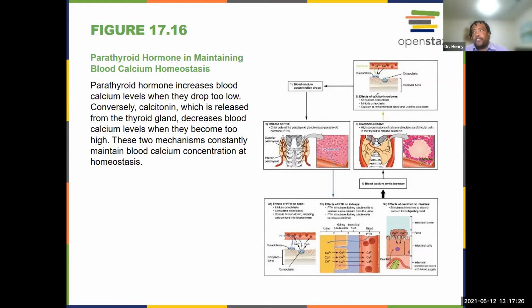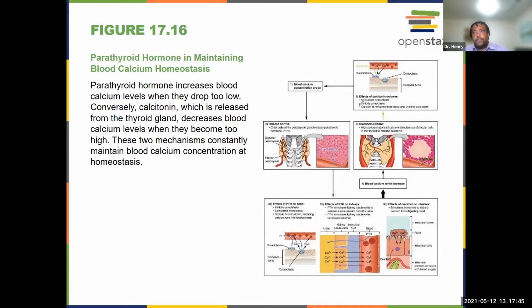So that causes calcium to be deposited back into our bones, and it inhibits osteoclasts, and it basically will cause that movement of calcium from the bloodstream back into the bone.